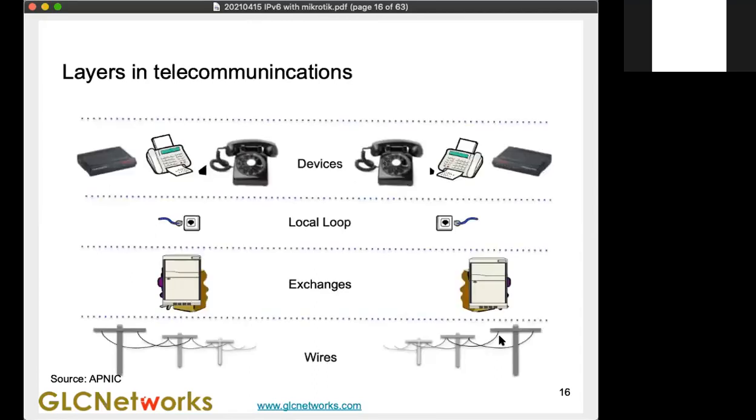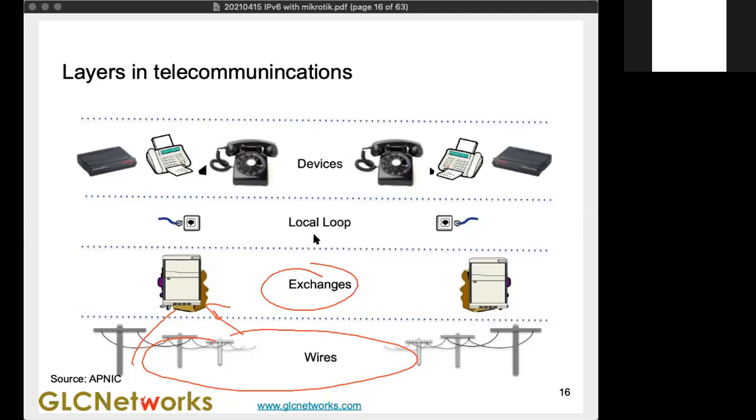When we talk about layers, in telecommunications we also have layers. Starting from the lowest layer, it's physical, and these cables connect to the exchange, the central office. From the central office we go to the local loop, and then the device.